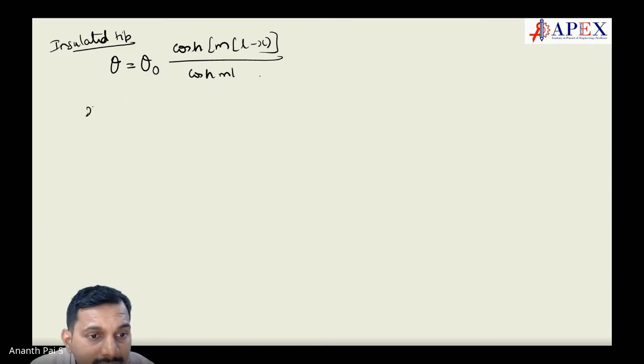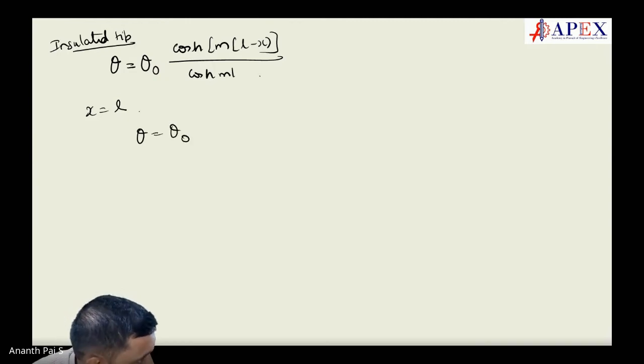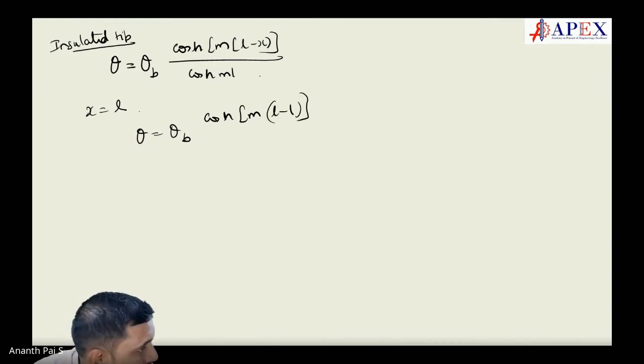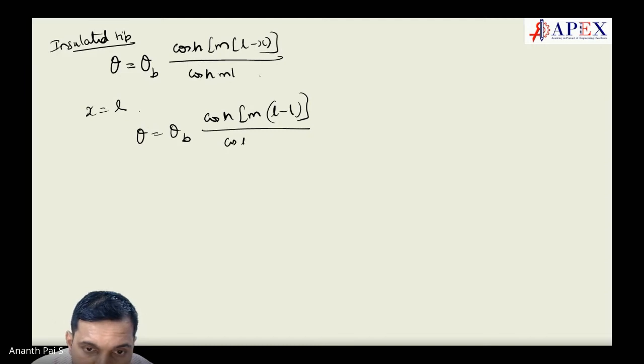So when x is equal to l, insulated, what will happen? This will go as 1. So you get theta is equal to theta naught, or theta b, into cosh m into l minus l, which goes to 0, so divided by cosh ml.